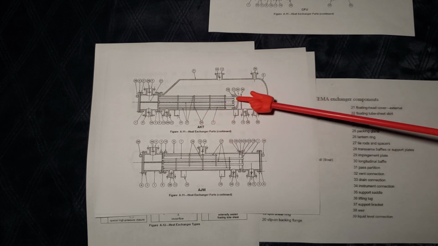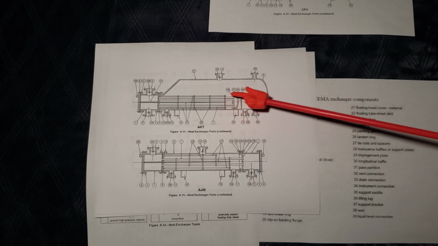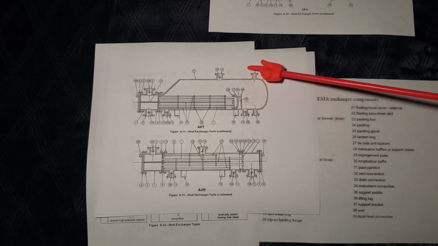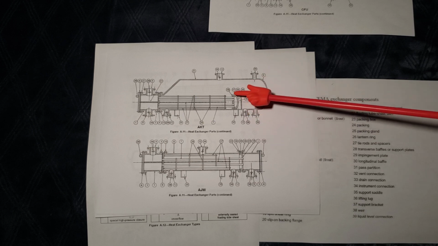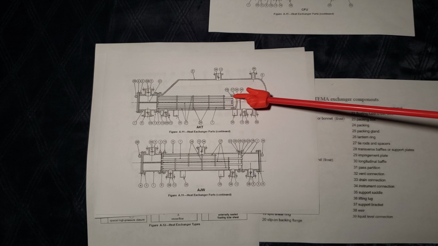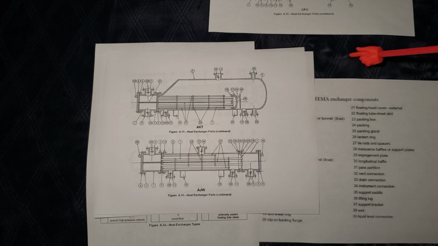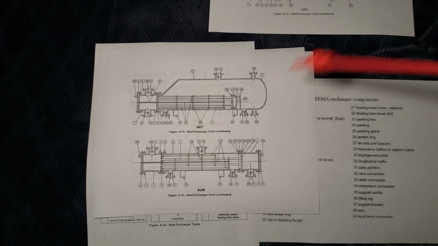If it was an S, the only way to get in here and get this bundle out would have a manway opening or a removable portion back here where you could get in here between the weir and the floating head to disassemble this while it was still in place. That would obviously not be a very good scenario either for construction or for maintenance and further repair.